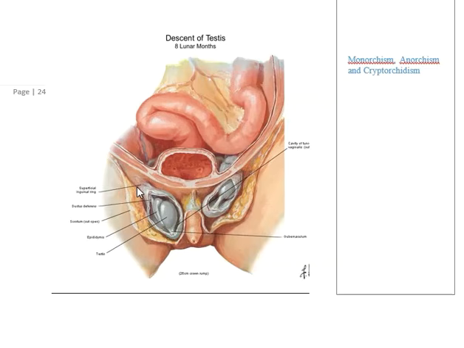Undescended testes are usually found in 4% of full-term deliveries and 33% of premature deliveries.